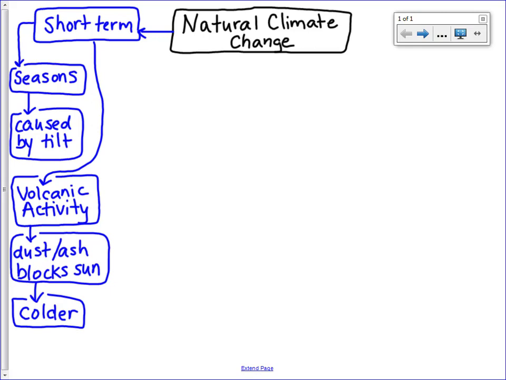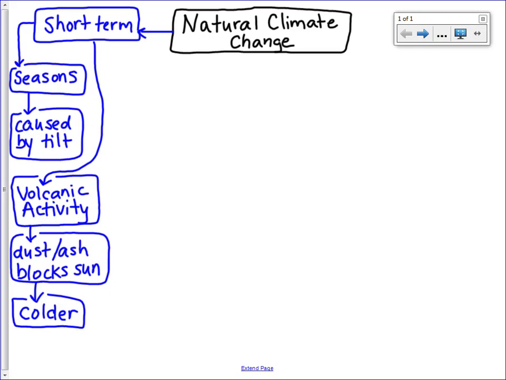One of the examples that your book talks about was the eruption of Mount Pinatubo in the Philippines in 1991. And it resulted in slightly cooler temperatures around the world for the following year. So again, this is short term. The volcano might erupt, the dust would block the sun for a little bit, eventually that dust would settle out of the atmosphere and our climate would return to its previous state.